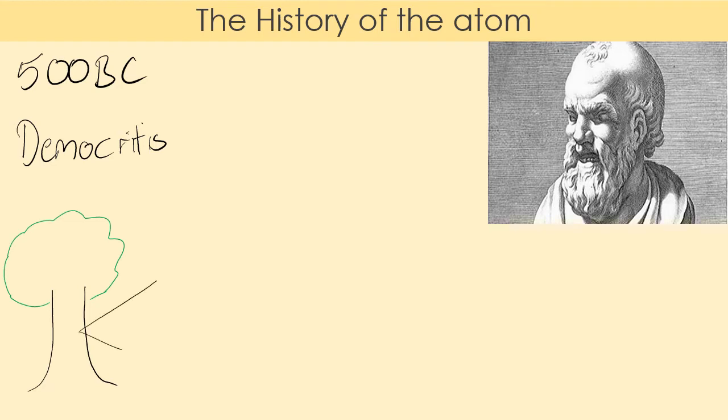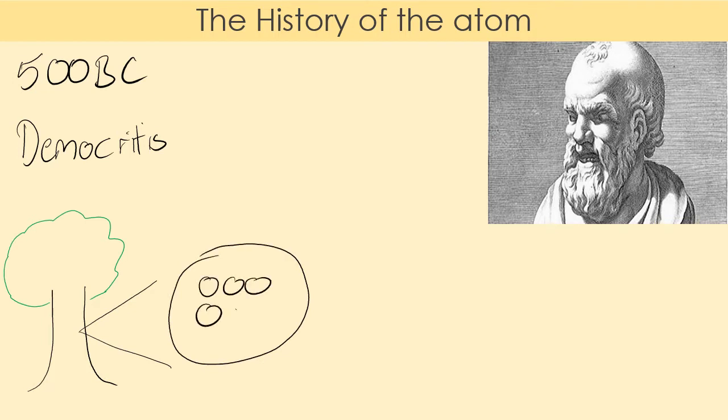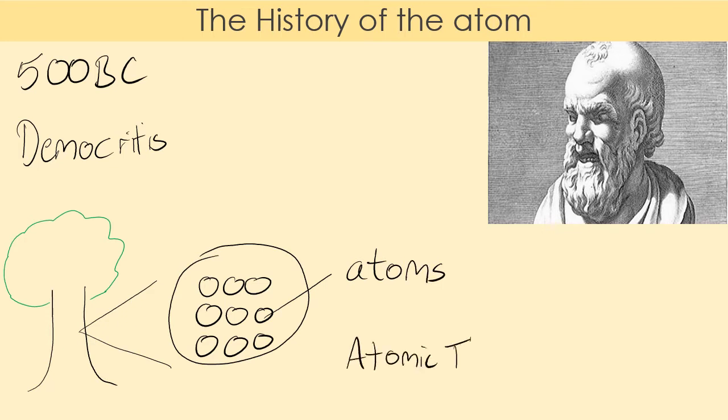If we were to look in at the tree according to Democritus, we would find that all matter is made of these tiny particles called atoms. And this gave us the atomic theory. So all matter is made up of these tiny things called atoms.